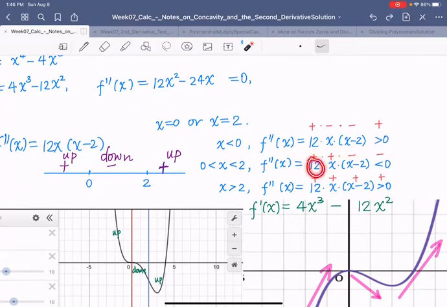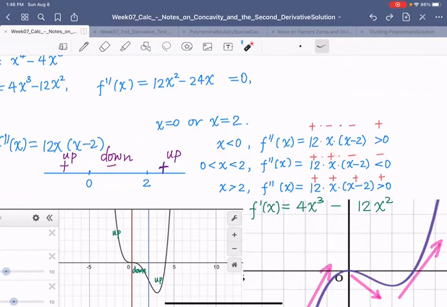12 is positive, yes? The next is between 0 and 2. x is positive, correct? When x is less than 2, x minus 2 is negative, correct? So positive times a positive times a negative gives a negative, yes? So here is negative.